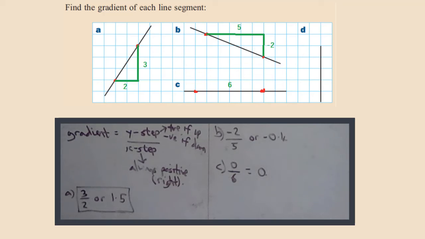Part D is a vertical line. So if we try and pick 2 points on D, you can pick whatever point you like. So let's go, I don't know, here. Do it in red. We could pick this point here, and we could pick this point, and you're not going to find an x step. You're only going to have a y step because it is a vertical line.